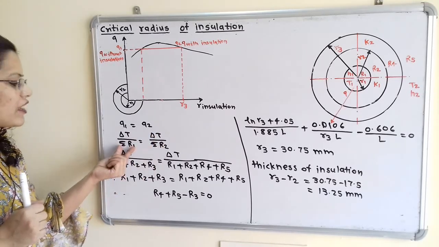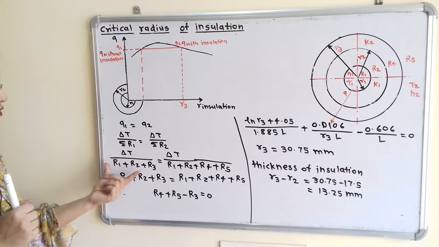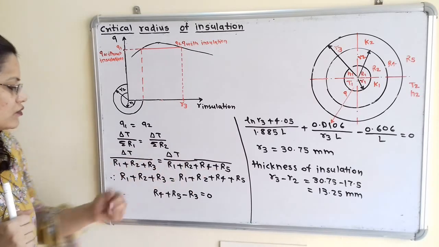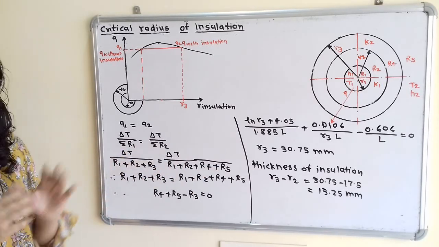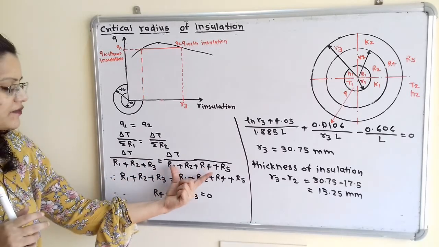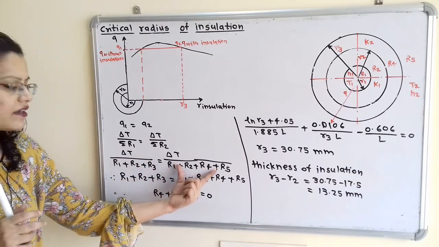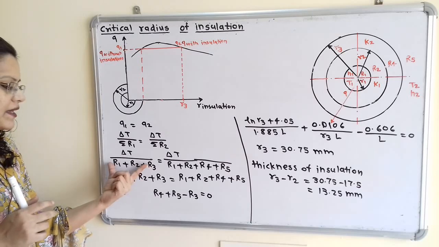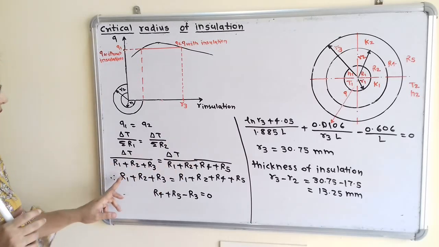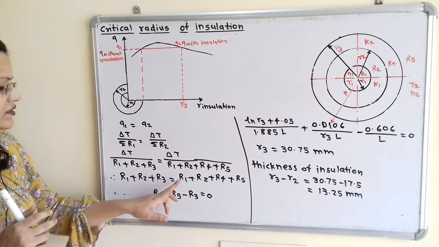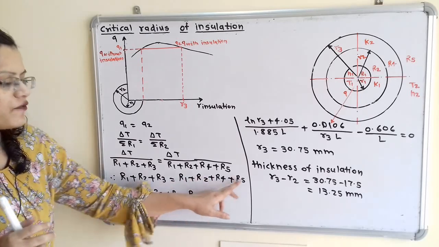Now we will put the values of summation of R1 and summation of R2. So here are the values. So this delta T is getting cancelled and we can transfer the right hand term to the left hand side and the left hand term to the right hand side. So it will become R1 plus R2 plus R3 is equal to R1 plus R2 plus R4 plus R5.